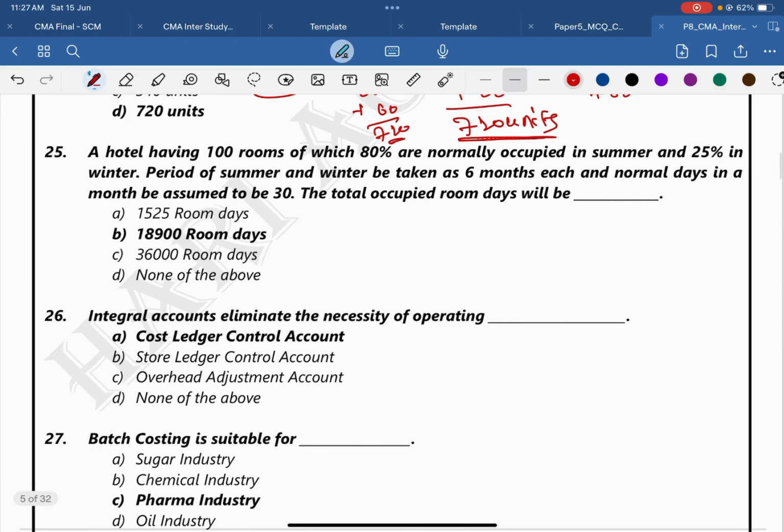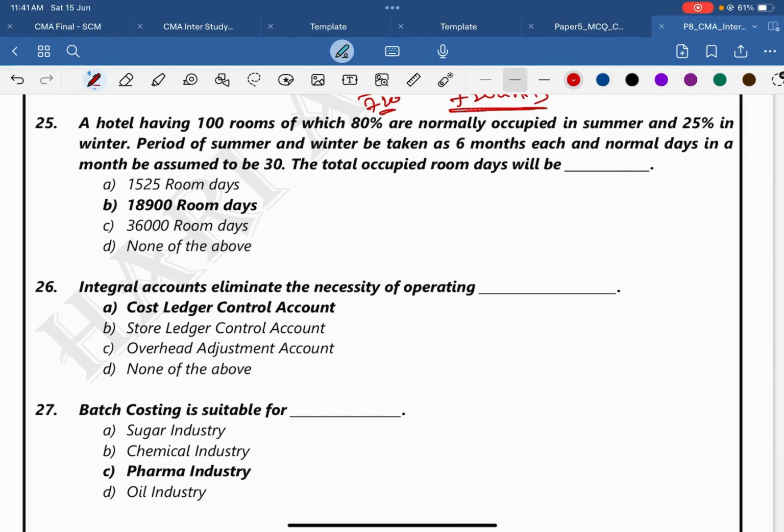Next, a hotel having 100 rooms, of which 80% are normally occupied in summer and 25% in winter. The period of summer and winter be taken as 6 months each, and normal days in a month assumed to be 30. Question number 25, they have given the values.